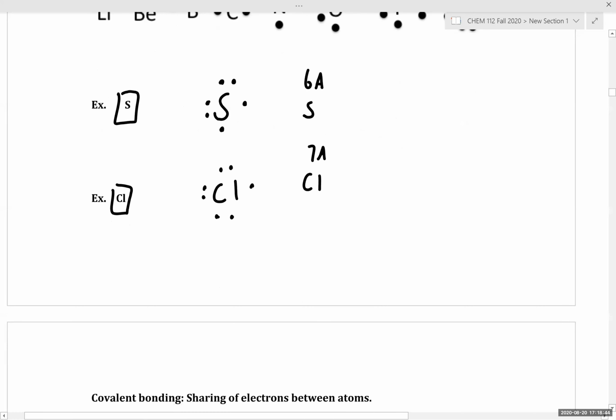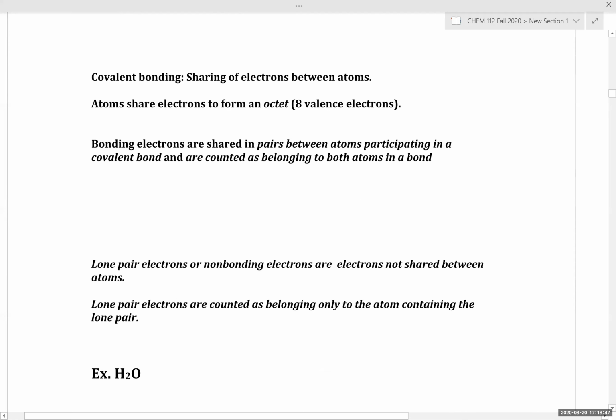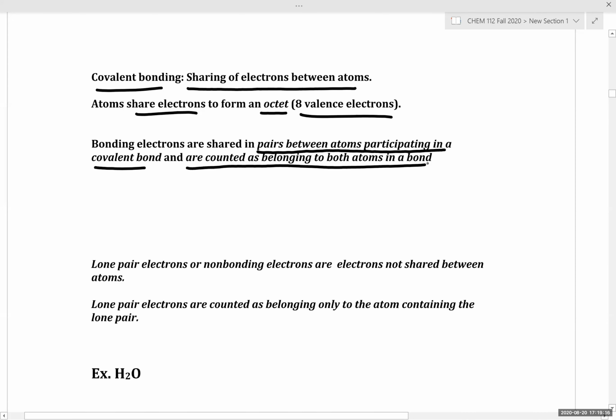Wonderful. Okay. So organic chemistry primarily concerns covalent or molecular compounds, and in covalent bonding, we have a sharing of electrons between atoms. Atoms generally share electrons to form an octet, 8 valence electrons, where our bonding electrons are shared in pairs between atoms participating in a covalent bond, and as a result, these bonding electrons are counted as belonging to both atoms in a bond.